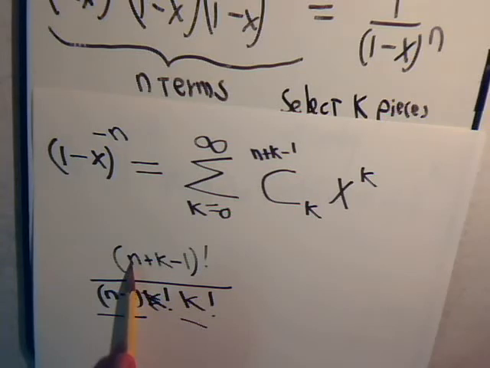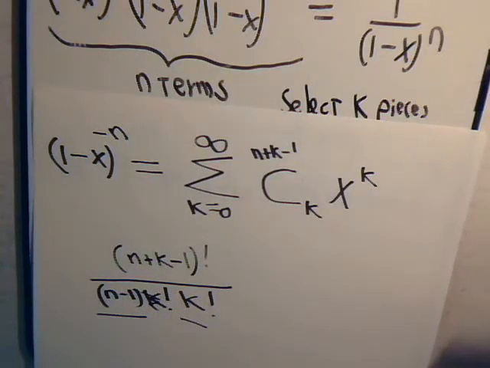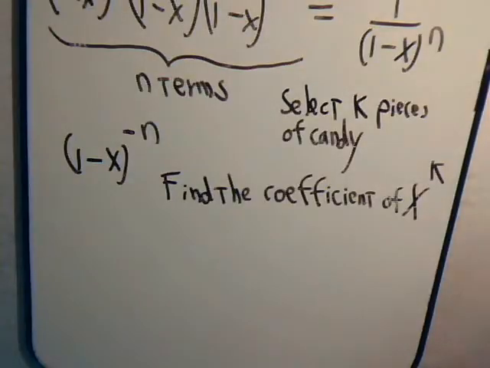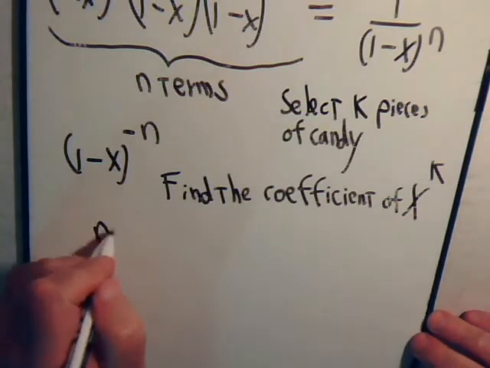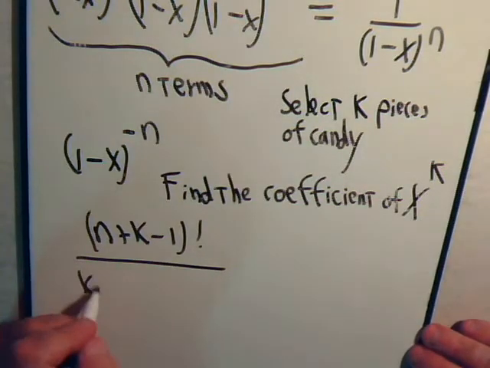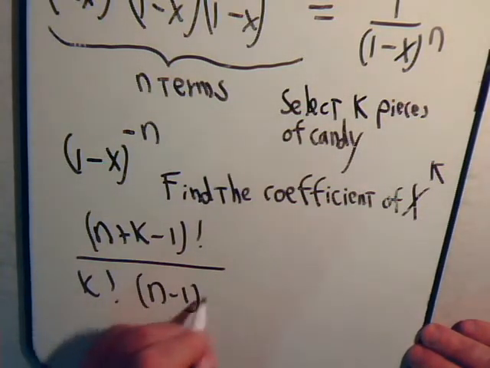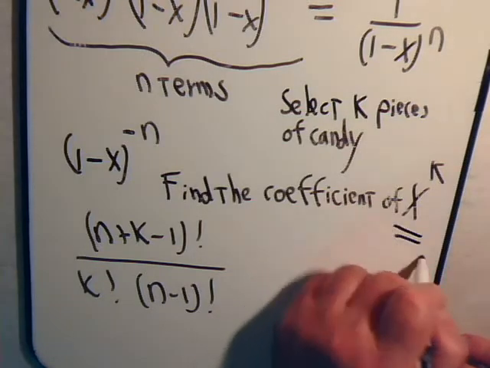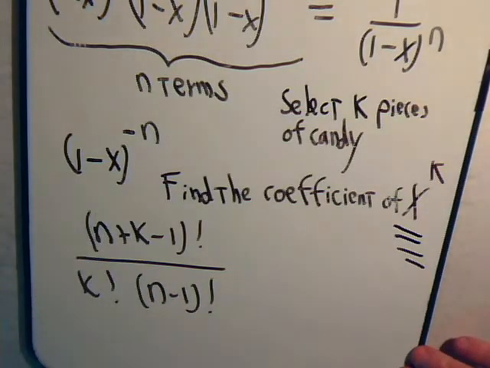When there are n objects to choose from, and you can choose them with repetition, and we're selecting k of them, we said that the solution to that is n plus k minus 1 factorial divided by k factorial times n minus 1 factorial. And we showed that this indeed is the coefficient of x to the k in this expression here.